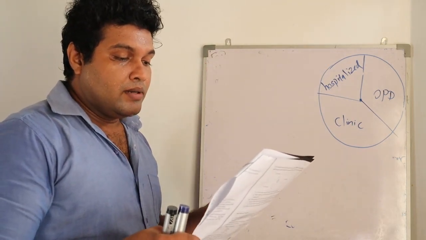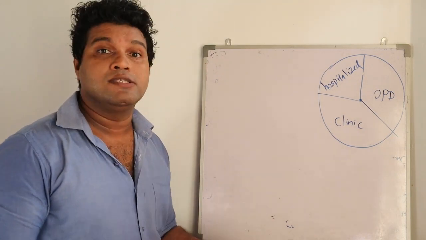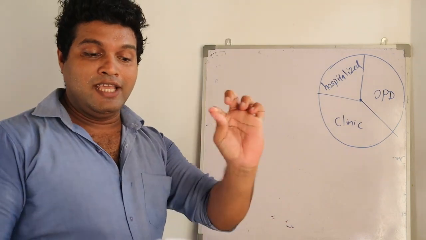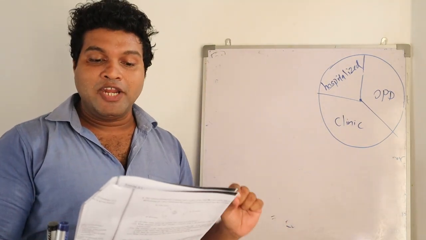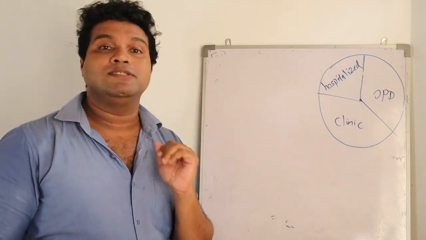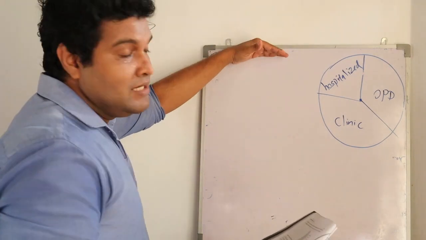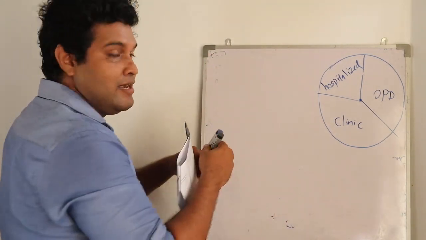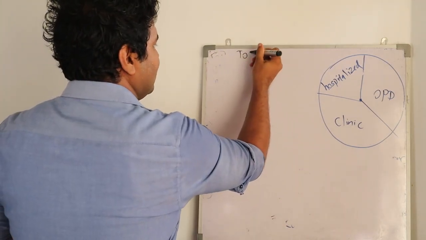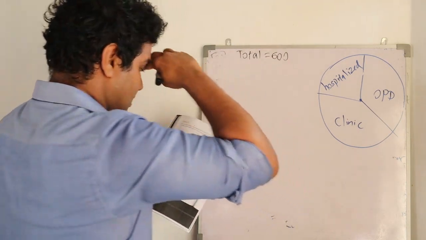The total number of patients who received treatment at the hospital on that day was 600. This is giving the total number of patients who got treatment on that day. The total is 600 patients.